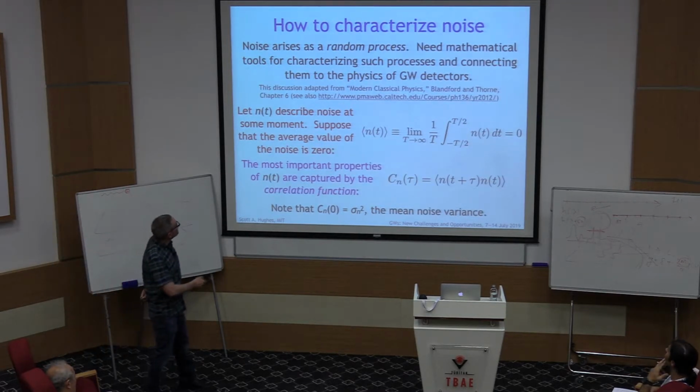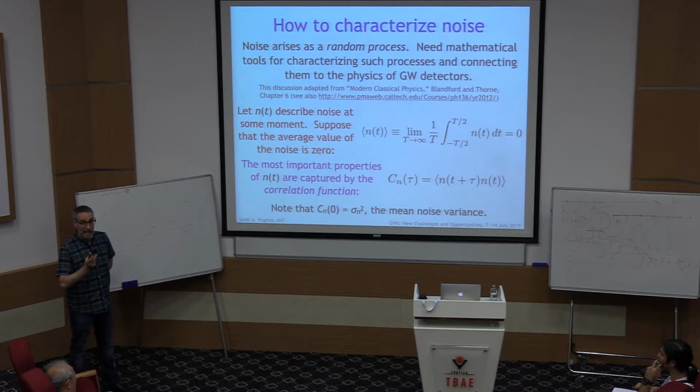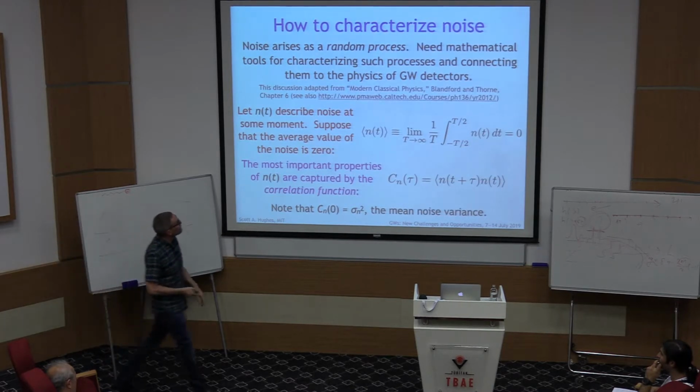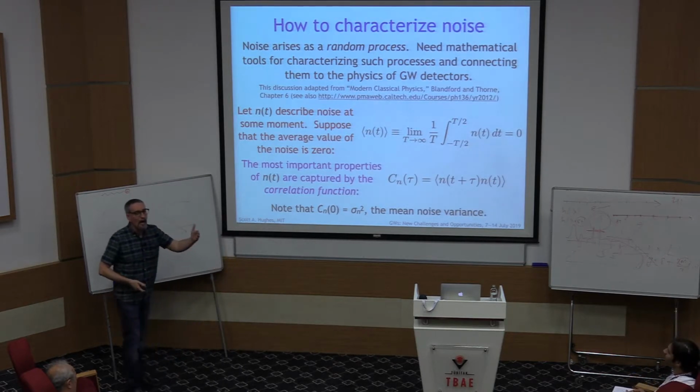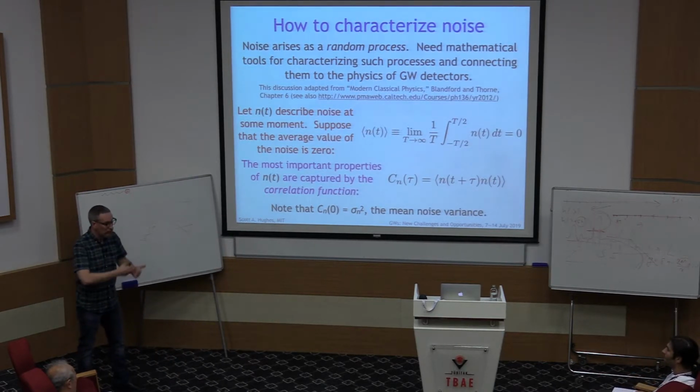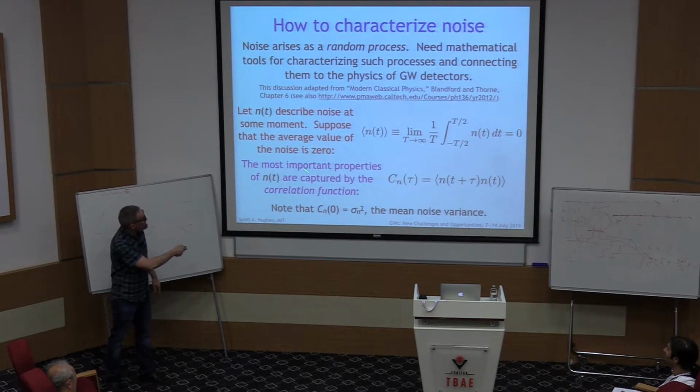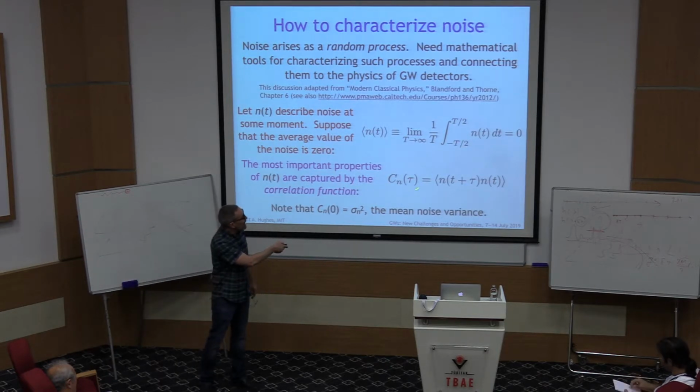All right, so let's suppose I have some function n(t), which describes noise at some moment. We're going to be interested in characterizing its statistical properties. So suppose the average value is equal to 0. If it were not, that basically tells you you've set your 0 wrong. So it should be 0 if it's truly noise. The most important properties of this are going to be captured by the correlation function, which tells me the relationship between n at time t versus n at time t plus tau later.